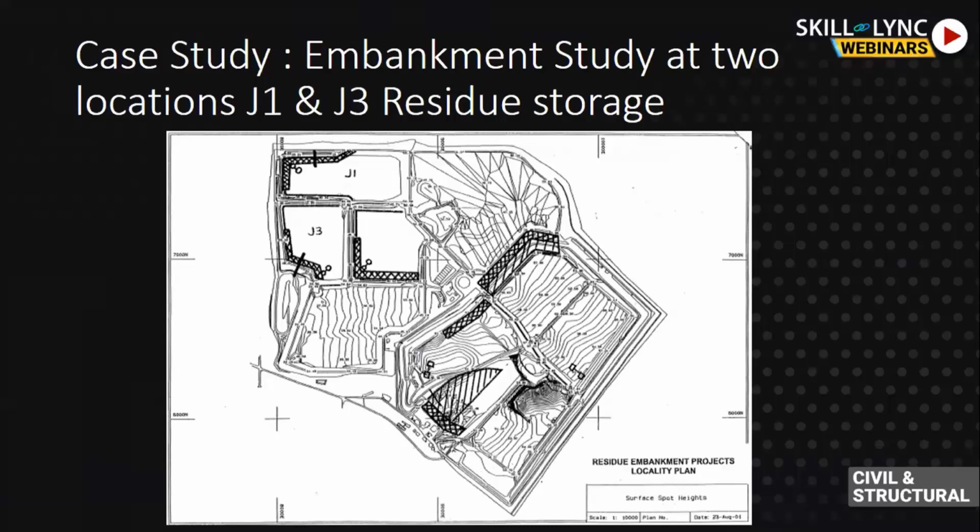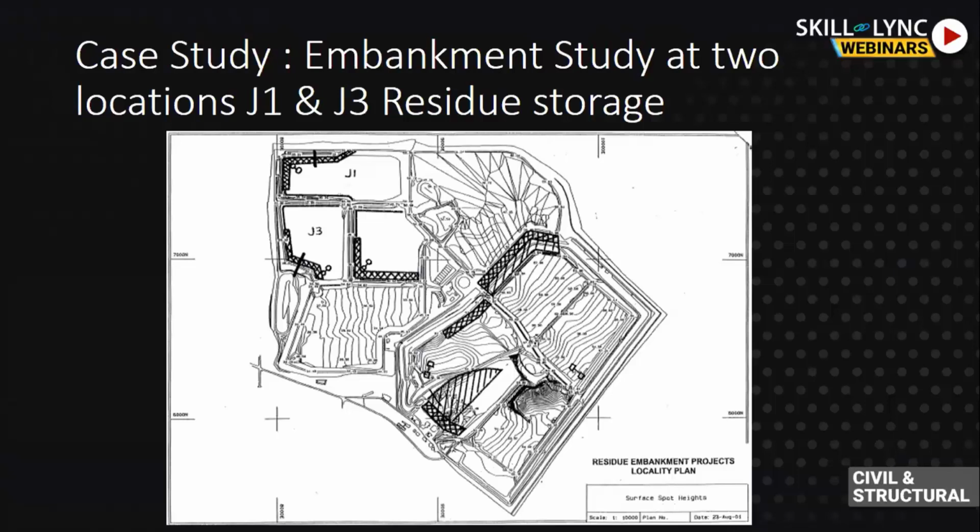These residue embankments, J1 and J3, hold the residue of the plant, which is in the form of a slurry, semi-solid with too much moisture, a mixture of a few solids and a few liquids.